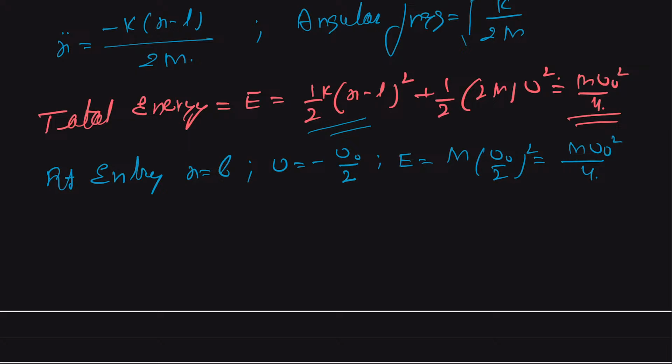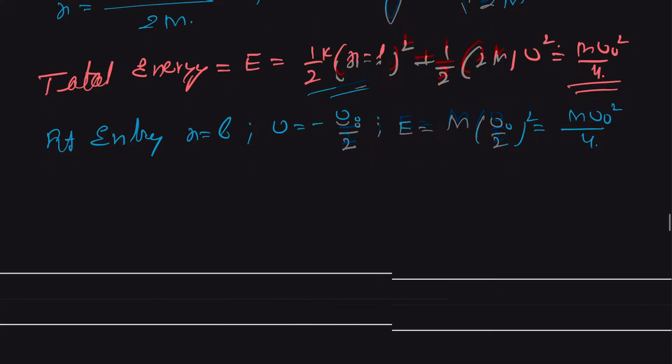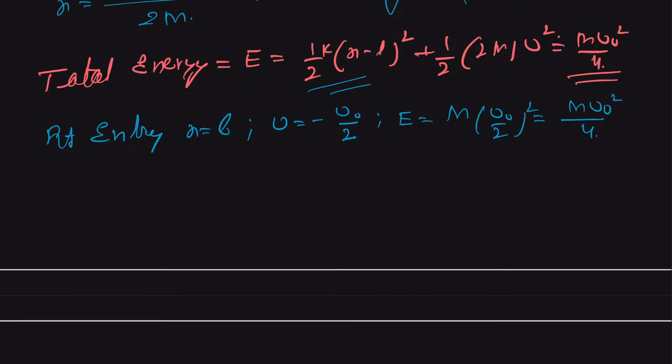Now we come to part A. Most of the things we have already calculated. So we have part A: how far it comes in the first trip to the wall.